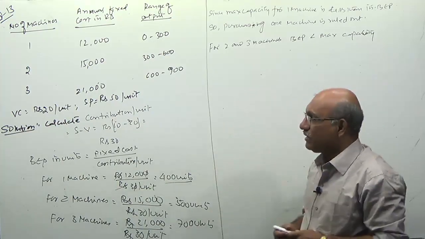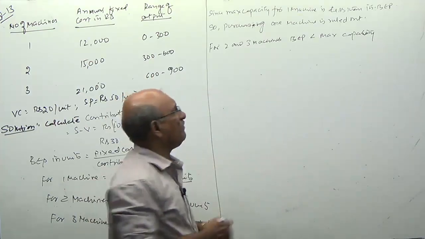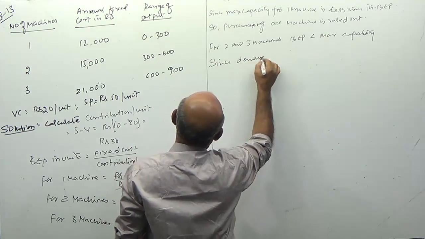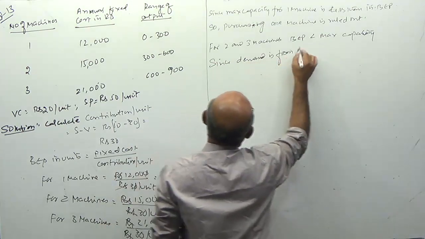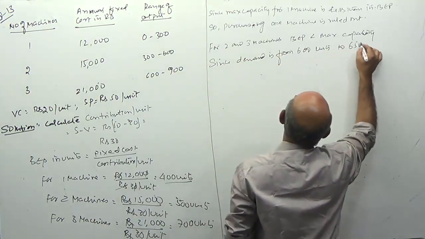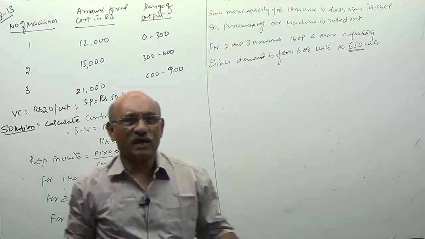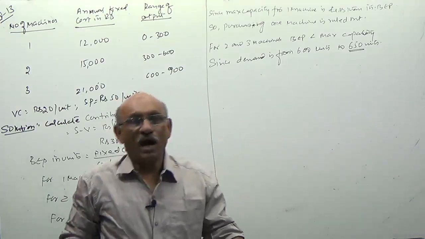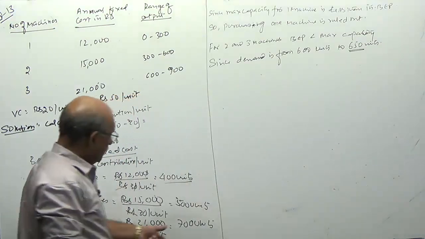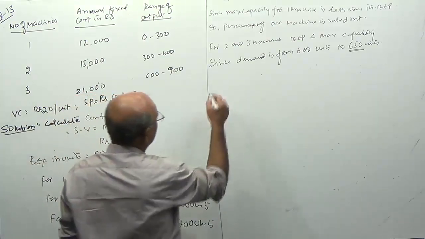Given in the question, demand is varying from 600 units to 650 units. First you consider the upper limit for the demand. Upper limit for the demand is 650 units. And break-even point for 3 machines is 700 units.